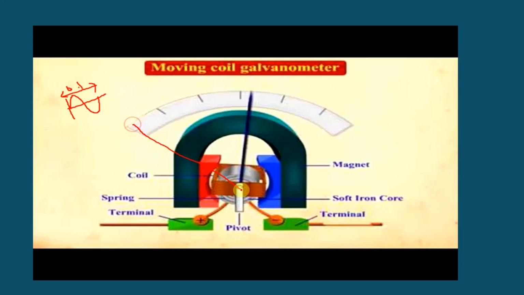First, let's suppose the pointer is here. Whenever the positive half cycle is given to the coil, the deflection torque will be there, and let's suppose the pointer moves in this direction, so the pointer will come to this area. Now in the negative half cycle, in the 0.05 second, again the deflection torque will be produced, which will move the pointer in the opposite direction.